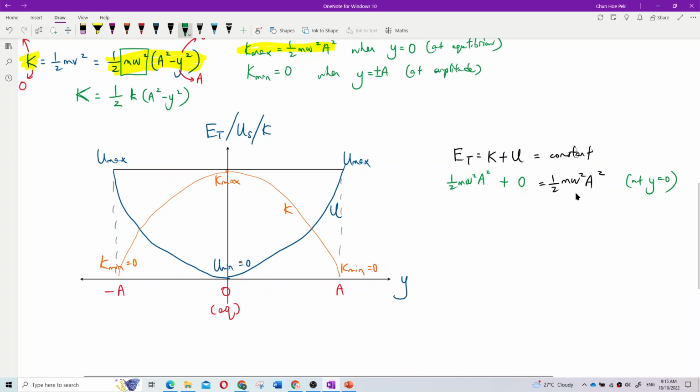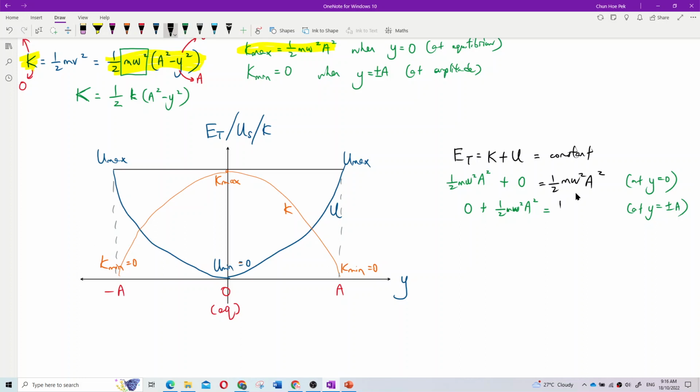So if at amplitude, at y equal to positive or negative amplitude, who is maximum? Potential energy. Potential energy is maximum, half m omega square A square. And then kinetic energy is back to 0. See that?